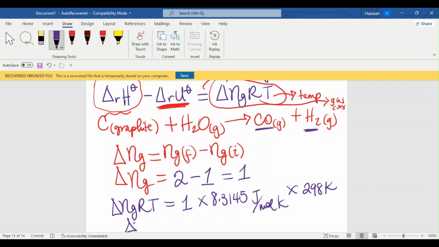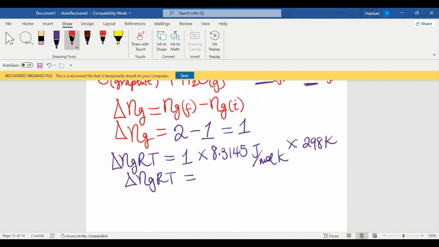So we can cancel out kelvins. So 8.3145 times 298 will give you 2477.72 joule per mole. Sorry, I was about to write kilojoule, just joule per mole for this question. So yeah, that's basically the answer.